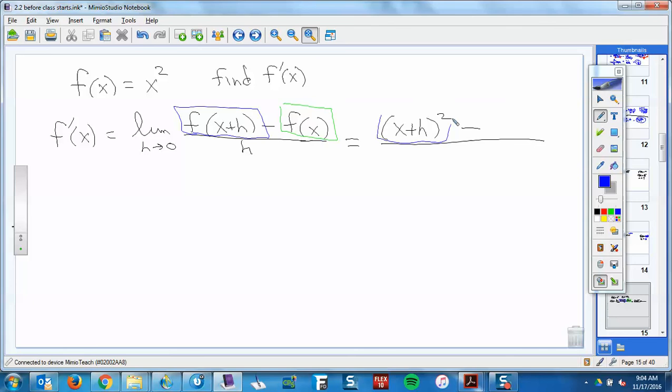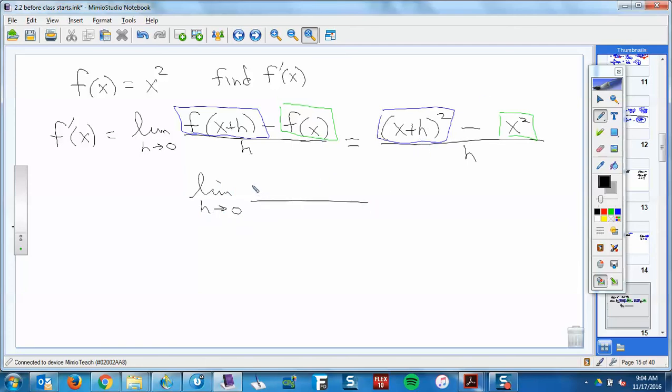So this is blue, and then the green would be what? f of x, oh, it's just x squared. Yeah, f of x is put an x in for x, right? It's just x squared. Okay, x squared, all over h. So that looks just like what we've been doing. Okay, I should be putting this limit as h approaches 0. Okay, so what's x plus h squared?